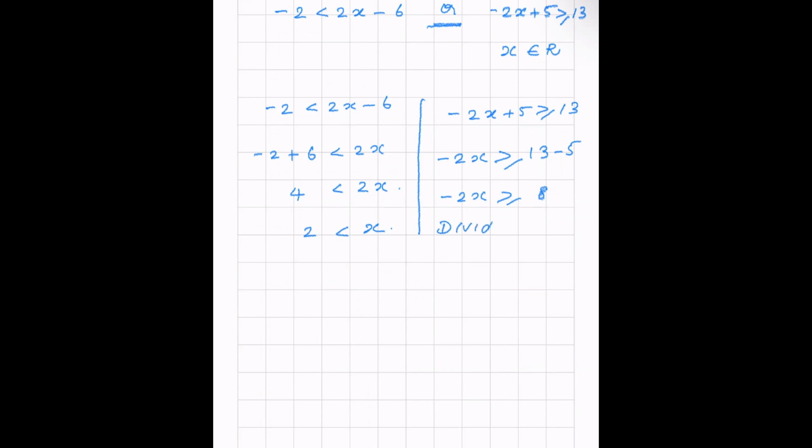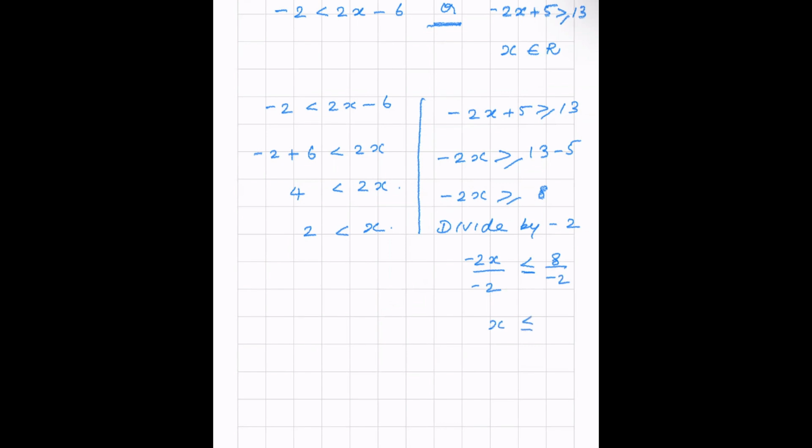Dividing by -2 means there is a need for reversing the inequality sign. So -2x divided by -2, reverse the inequality, greater than or equal to becomes less than or equal to 8 by -2. So I'm getting x less than or equal to -4.